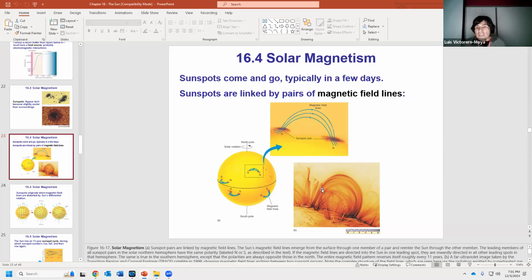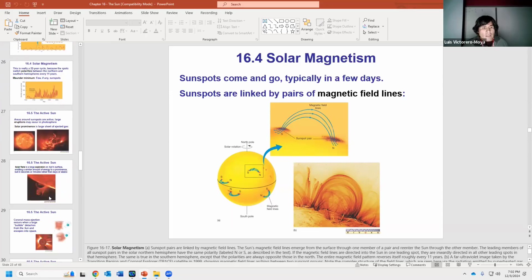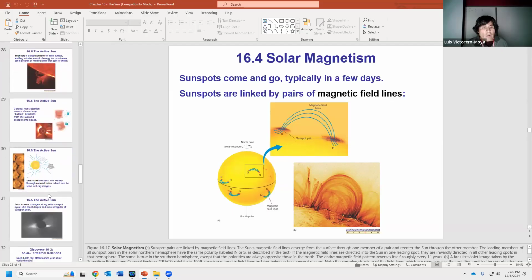And when you have a spicule or a solar flare, they can easily trace the magnetic field between sunspot and sunspot here. That's why I said that we use sunspots to track solar activity on the surface, right? And why do we track it? Because of solar storms. And why do we care about that? Because of telecommunications or even the weather, right? Strong solar activity can trigger changes in our weather.